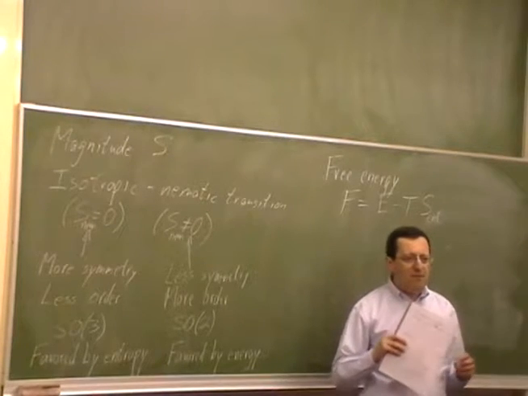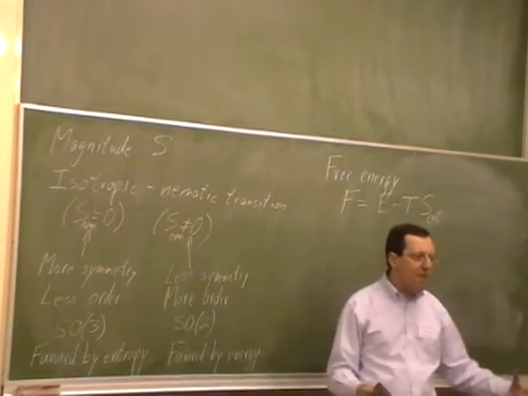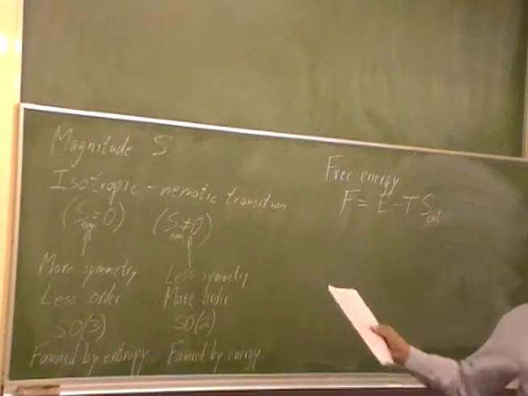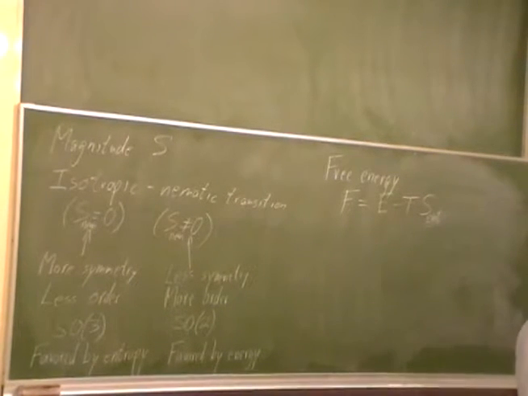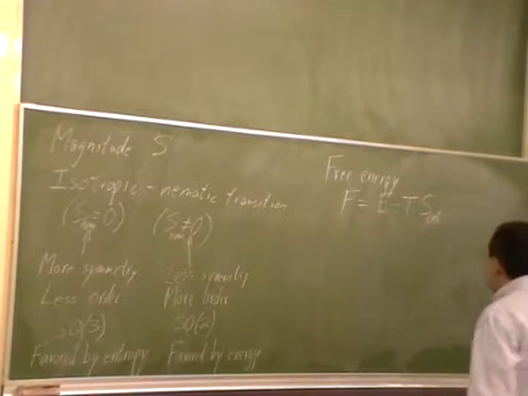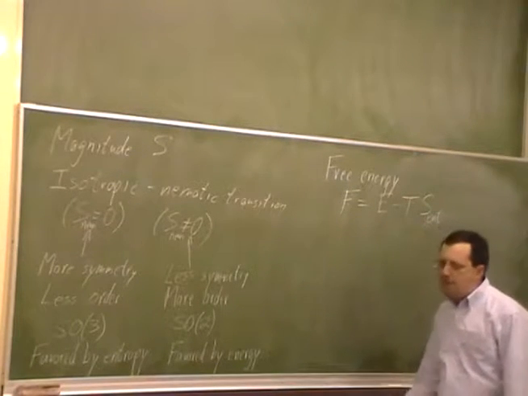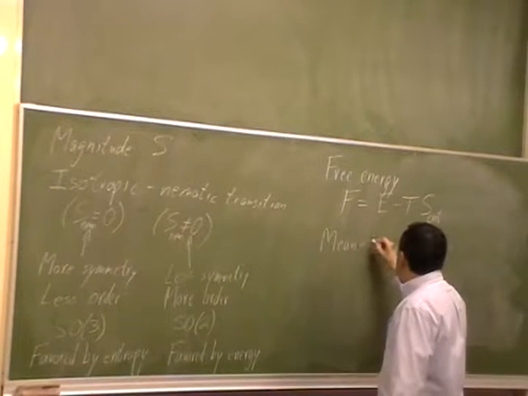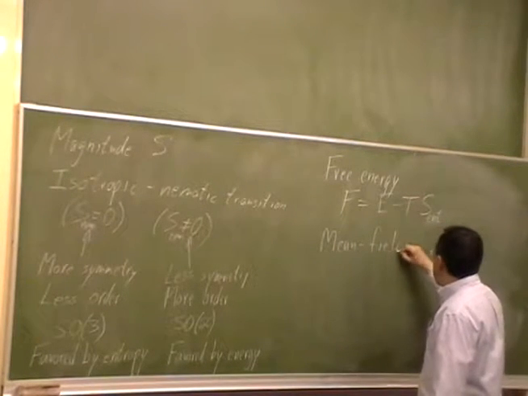And there is no way to integrate over all these degrees of freedom to get a partition function and the free energy exactly. Okay? But there is a type of approximation which is very powerful, and that is called mean field theory.